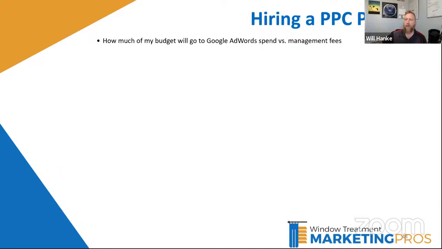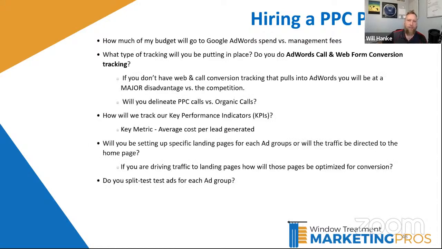All right. If you're hiring an SEO or a pay-per-click person, a couple of things that you should definitely be aware of. How much of my budget goes towards what I'm spending on AdWords versus how much am I paying you to build all this out? What do you do about different ad extensions? Do you track all of the different types? Do you have some KPIs in place?